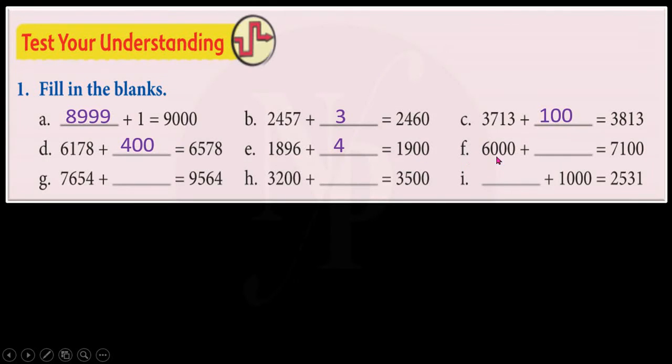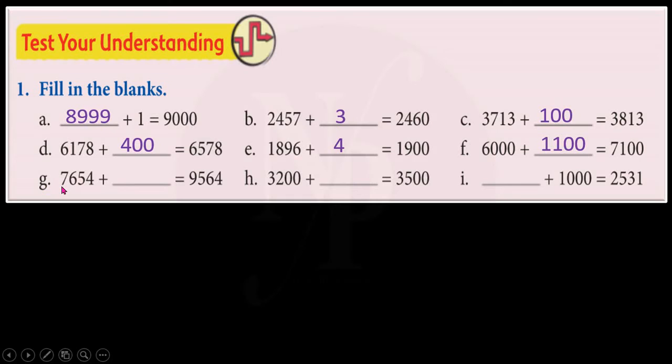F, 6,000 plus a number gives 7,100. So the required number is, look here, 7,100 is 1,100 more than 6,000. So you should write 1,100 here.